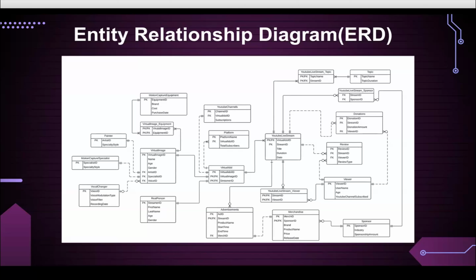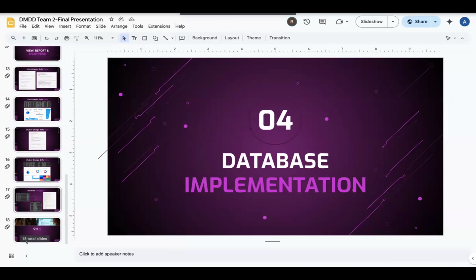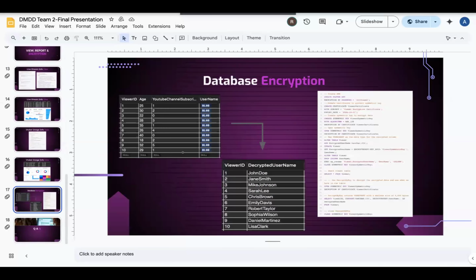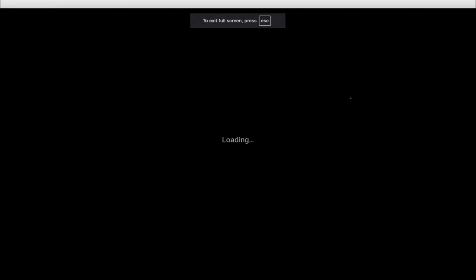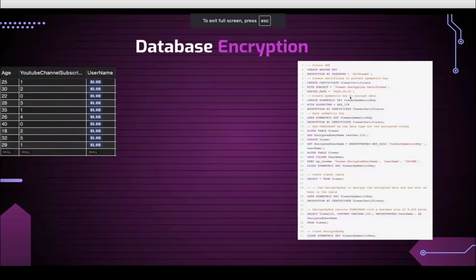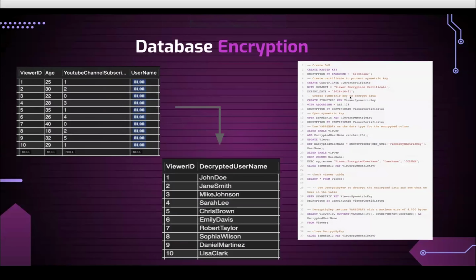I have another question. Can you show the technique you use to encrypt the data? Yeah, we encrypt the username in the viewer table. So did you put the username first and encrypt everything, or do you encrypt everything that you insert?